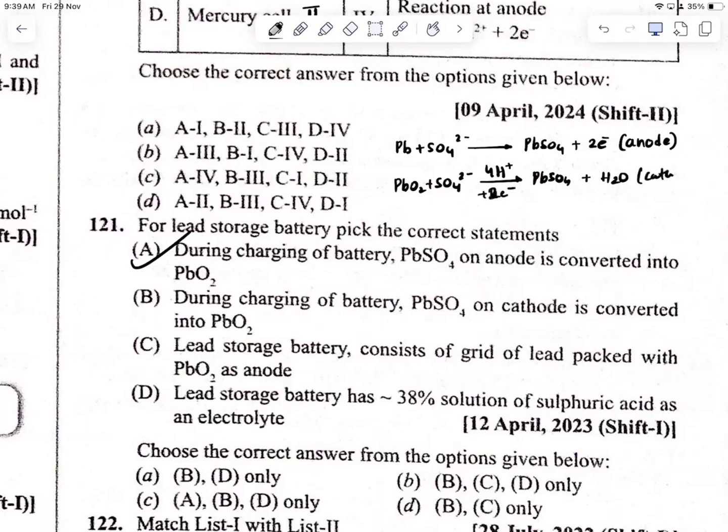Now notice this one. If you are making this into the reverse process, the cathode will become the anode and the anode will become the cathode, because this PbSO4 is accepting electrons to convert into Pb. The cathode's definition comes with accepting electrons.